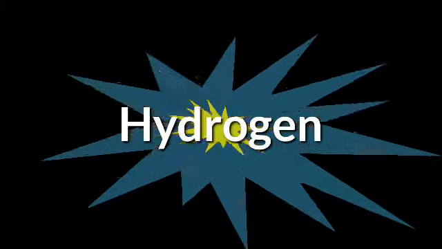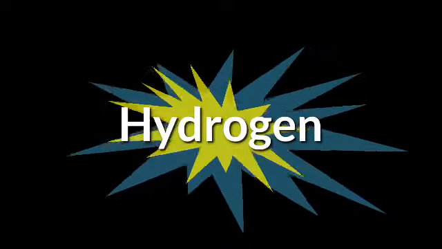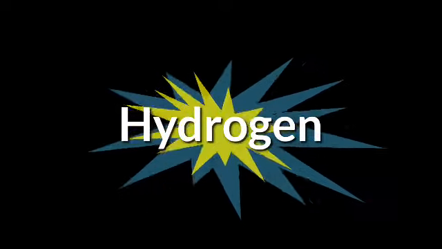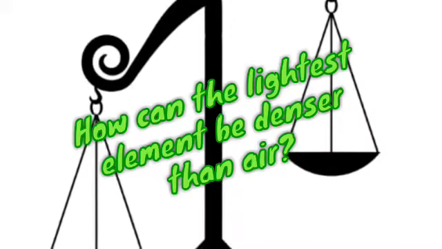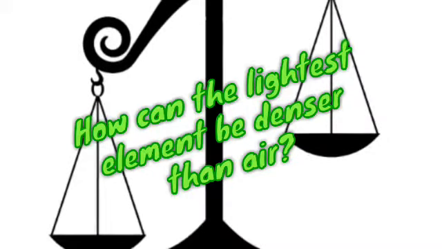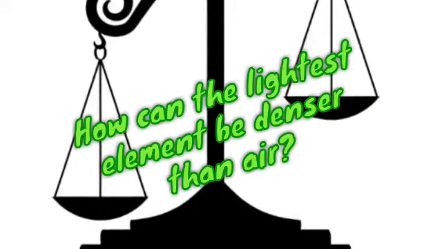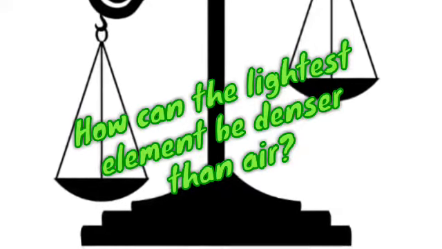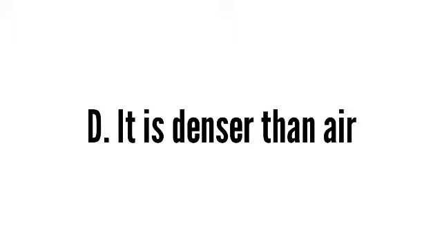Now, you really don't know the color of its flame, but the two words "it burns" in option C are enough to support the idea in option B. Now, at this juncture, you need to ask yourself, how can the lightest element be denser than air, which is option D? This is almost impossible. The lightest element cannot be denser than air, which means with simple common sense, you can easily know that option D is the odd one. So our answer here is option D, it is denser than air.